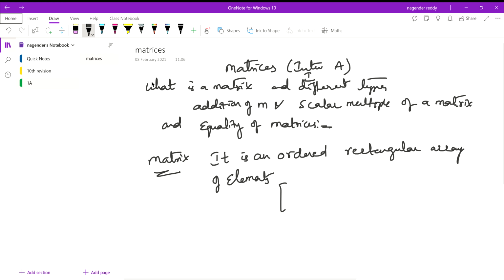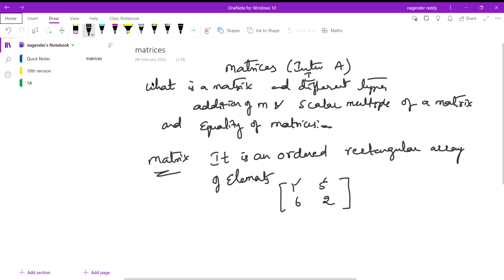See here, what is a rectangular array of elements? It is a rectangular box, and these brackets represent the matrix. Within the brackets, the elements are arranged in a rectangular form. For example, 1, 5, 6, 2. So this is an array of elements.